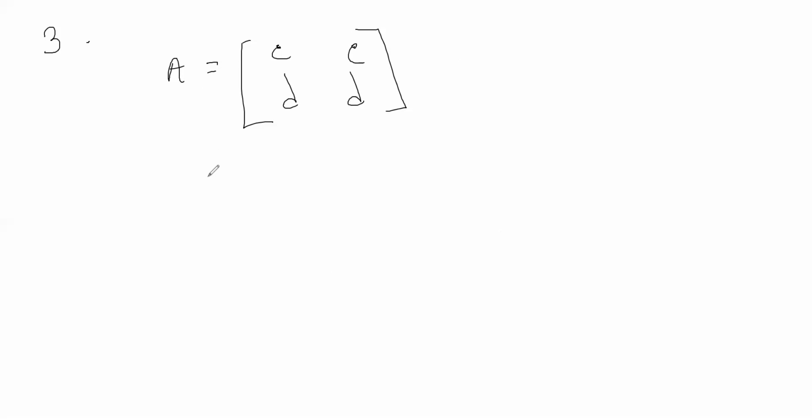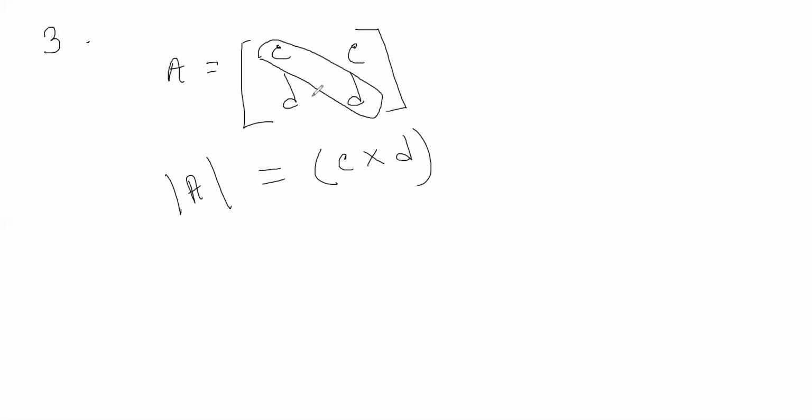And then it is saying that when the two rows or the two columns are identical, the determinant will be equal to 0. So let's take the determinant: c multiplied with d, that means the multiplication that happened in the principal diagonal, minus the multiplication that will be happening in the off principal diagonal, which is c into d as well.